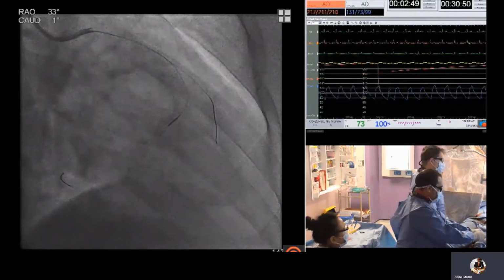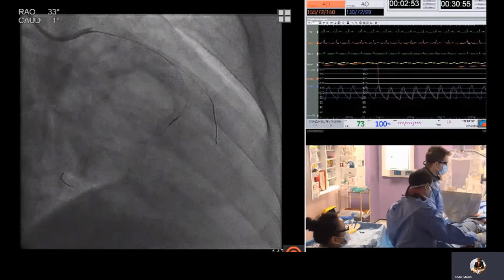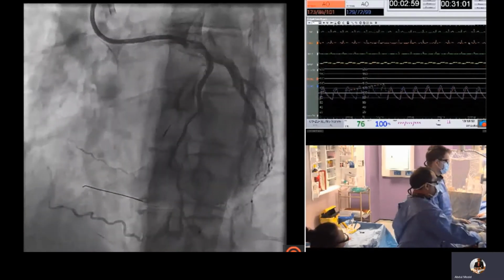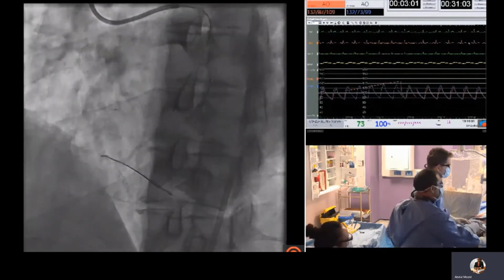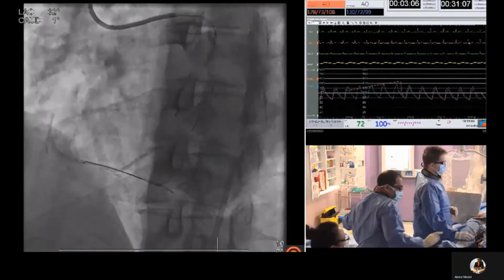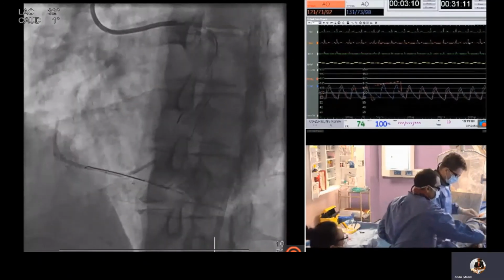And ideally, this should be performed in two different views. So here we check again, now in the LAO view, having wired the septal in the RAO view. And this shows that the wire is nicely into the distal right. So we move back to the RAO view to advance the Turnpike LP.